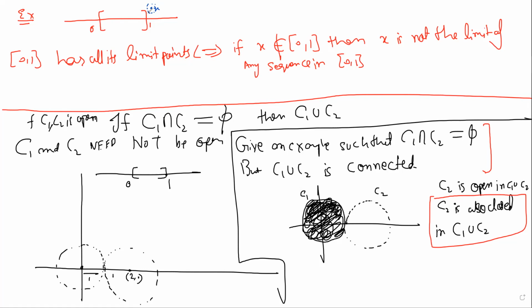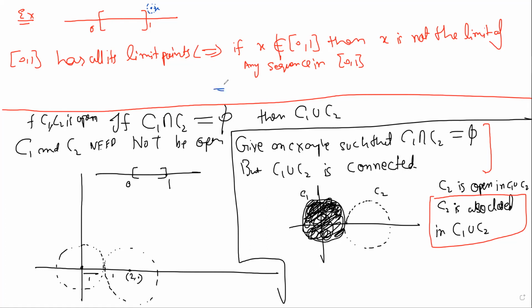And that is because x is not the limit of any sequence, right? Because x is not the limit of any sequence, you can make a neighborhood which is completely disjoint from the set. Because if you make neighborhoods and they all keep intersecting, then there is a sequence which is converging to x, right?